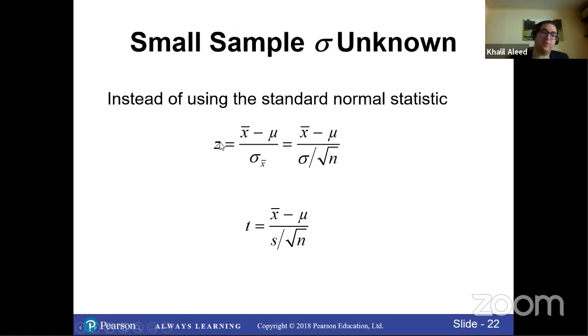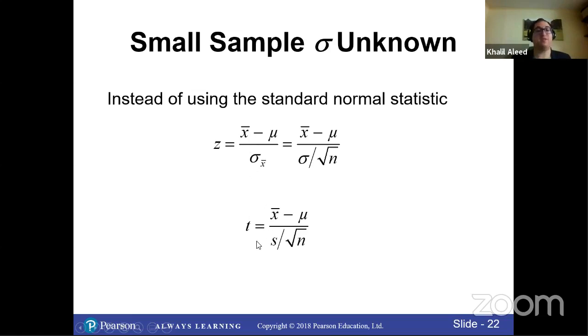Remember we calculated Z as x bar minus mu divided by the standard deviation. Now, T is equal to x bar minus mu divided by S, where S is the standard deviation of the sample instead of the standard deviation of the population. That's the only difference between Z and T: we're using S instead of sigma.